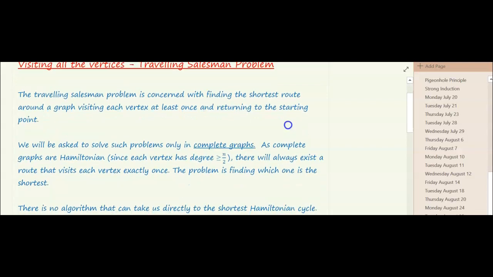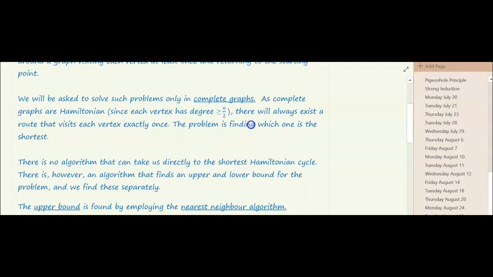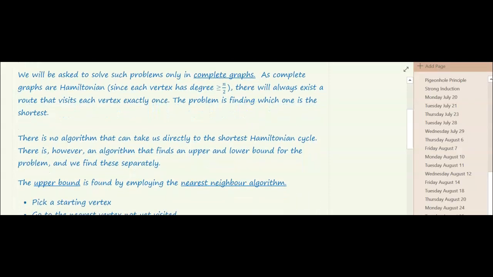Since we're only going to be dealing with complete graphs in this part of the course, and only exploring the travelling salesman problem for complete graphs, we know there's a Hamiltonian cycle. In fact, there are going to be many, but the trick is to find the one that's the shortest. Now, that's the difficult thing.